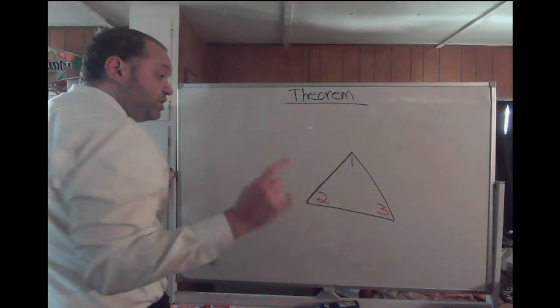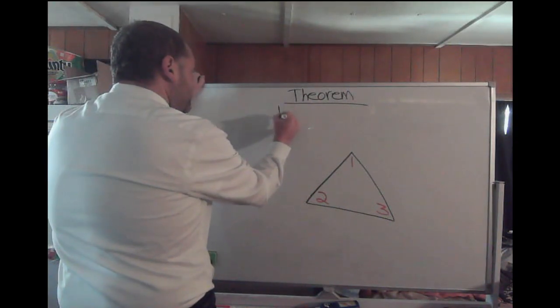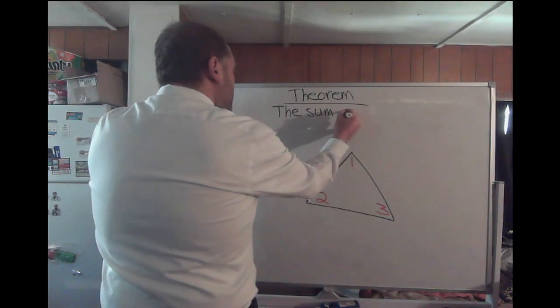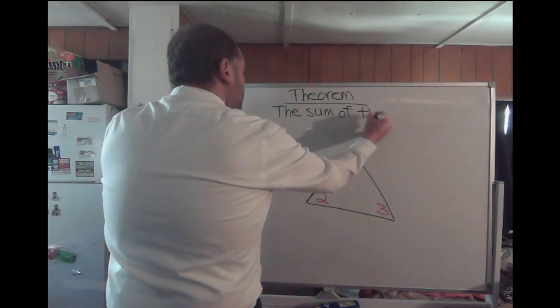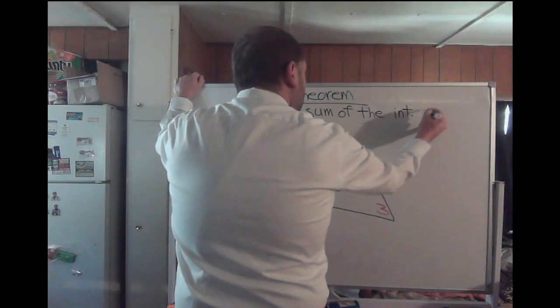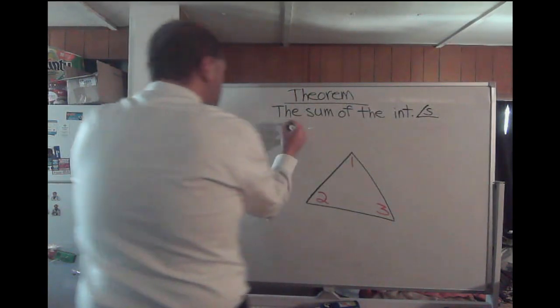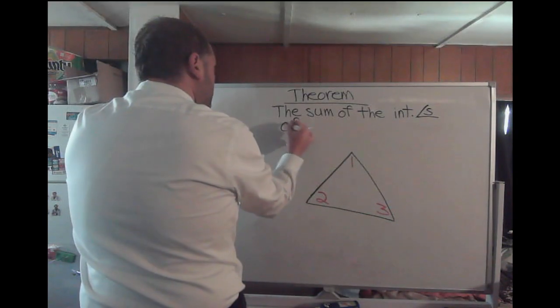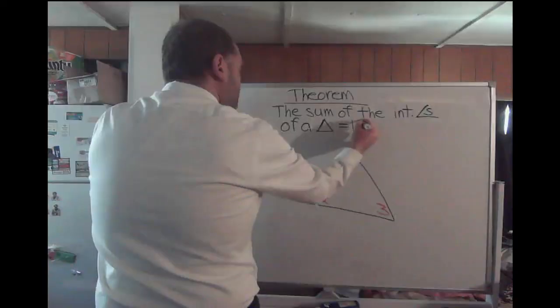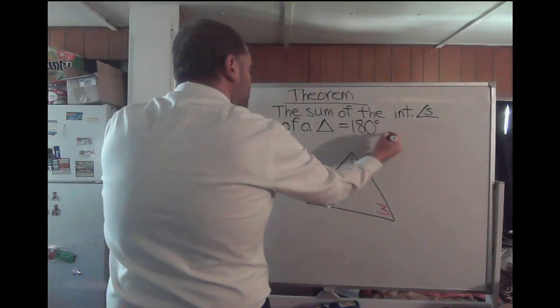This one you're actually all probably already familiar with. The sum of the interior angles of a triangle equals 180 degrees.